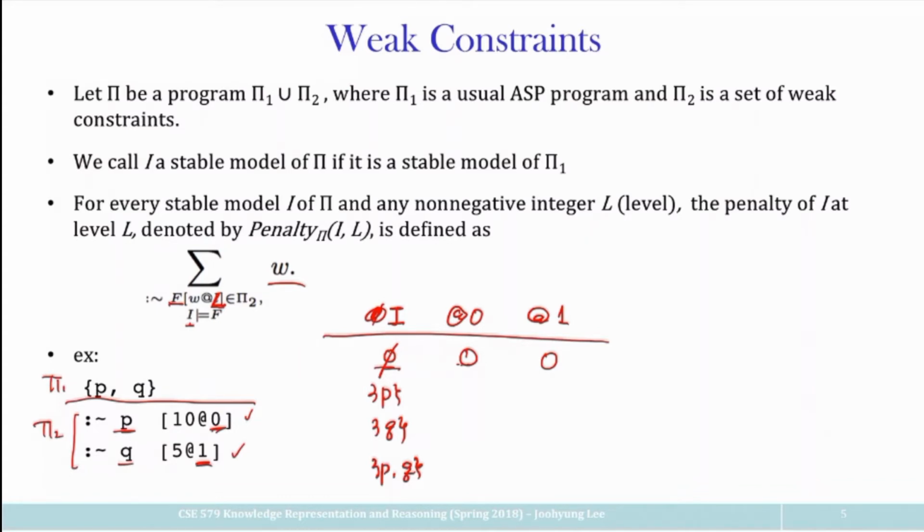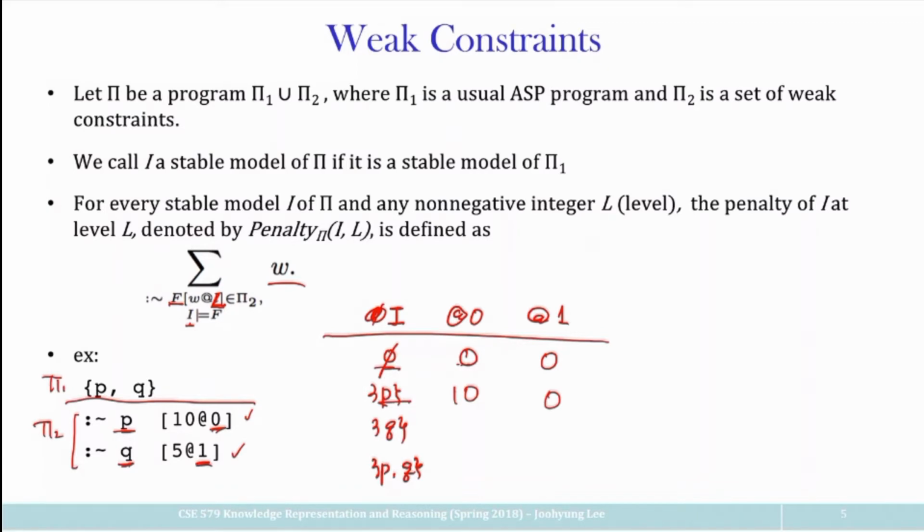Okay, so the next thing is going into P. Does P satisfy the level 0 one? Yes. So what is the penalty that it received? 10. What about level 1? 0. Because level 1 is about Q, so P does not satisfy Q. So it does not get the penalty.